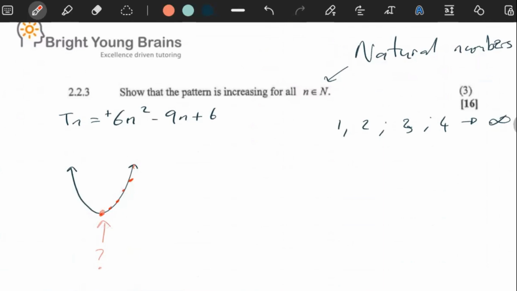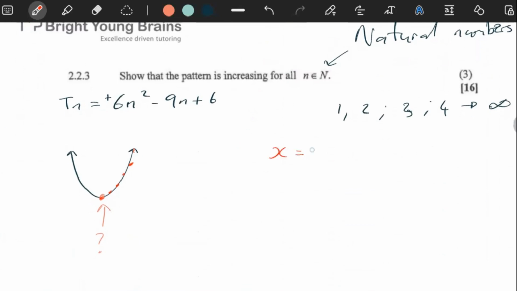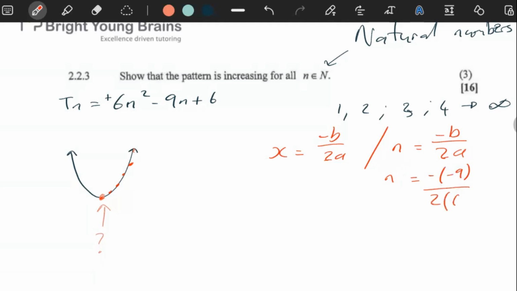So let's find the turning point first. To get the turning point of any parabola, you use this formula: x is equal to minus b over 2a. In this situation, n is equal to minus b over 2a, where the value of b is negative 9 and the value of a is positive 6.